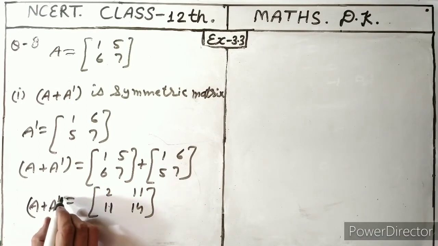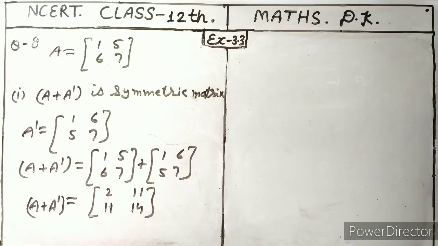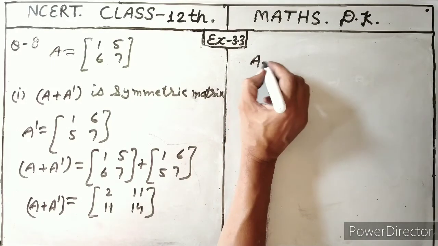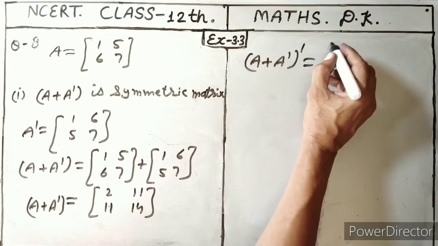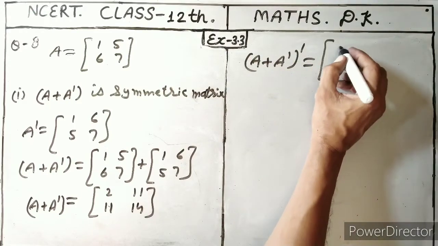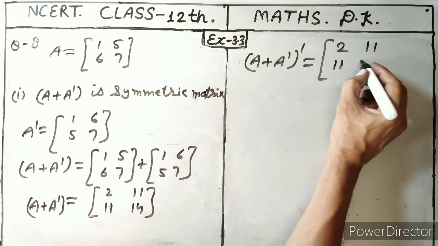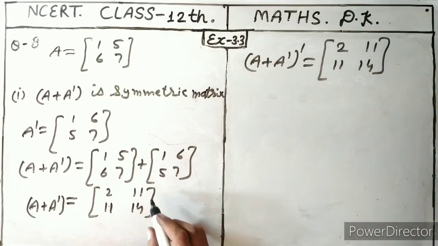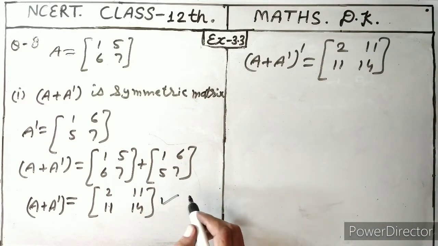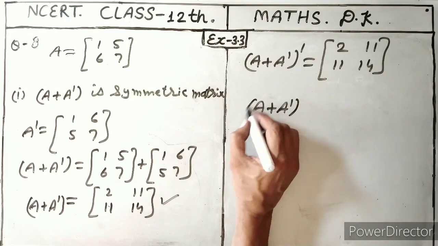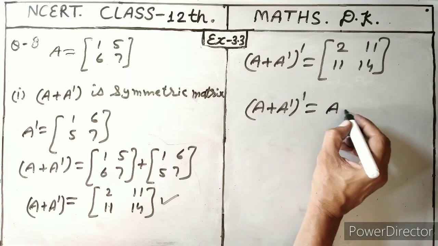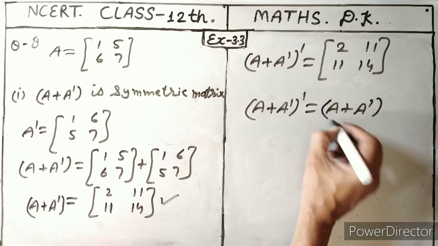We find out it is symmetric, meaning A plus A transpose and its transpose are the same. Then 2 11 11 14. This is A plus A transpose, and its transpose is A plus A transpose.